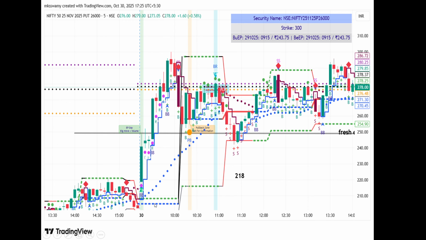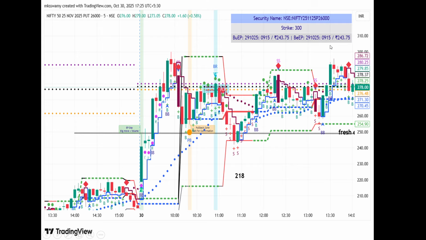But here, with the narrow pivots, it popped up, and with an episodic pivot. Then what you are going to do, automatically the option EP on the underlying will tell you the price, 243.75 by EP.